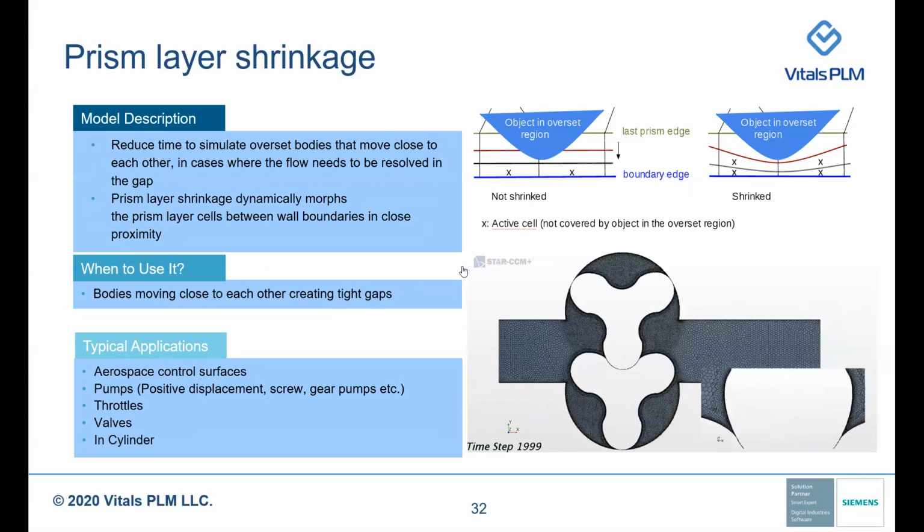So using prism layer shrinkage, you can have a more robust calculation by shrinking the prism layer in the areas of interest. The typical applications include, again, throttles, valves, and pumps of the positive displacement type, such as screw and gear pumps.